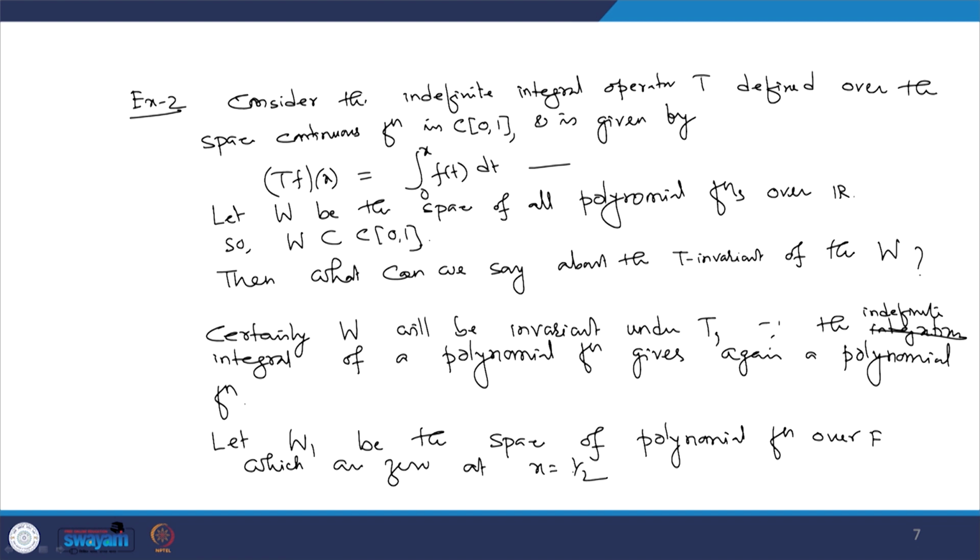I mean to say that x minus 1 by 2 is a factor of each polynomial function. Then do you think that W1 will be invariant under T? What can we say about the T invariance of W1? The answer is no.